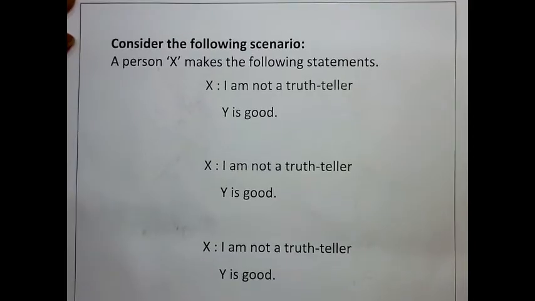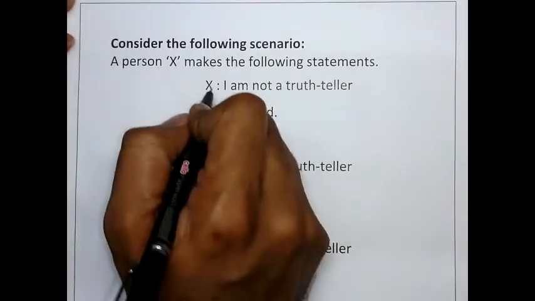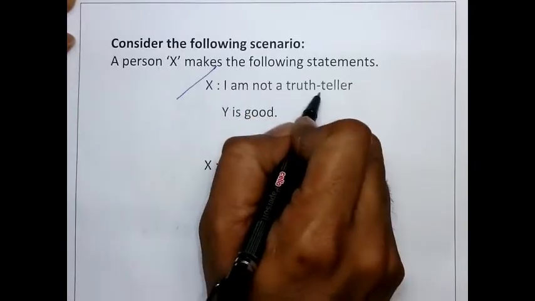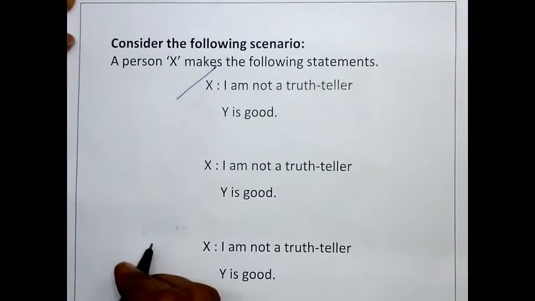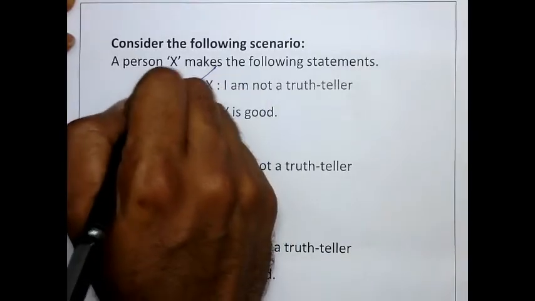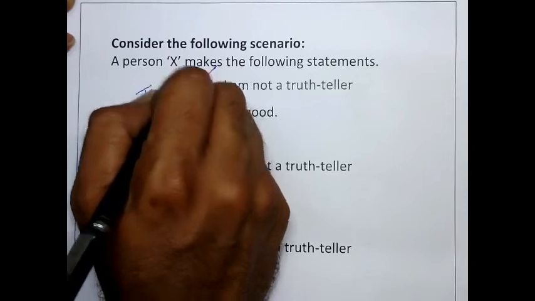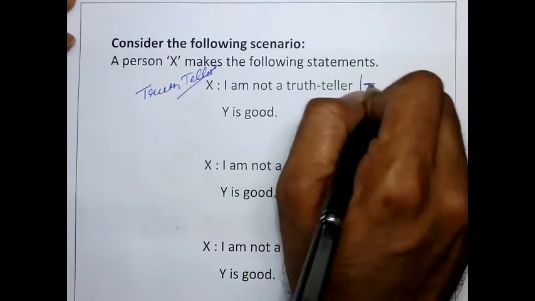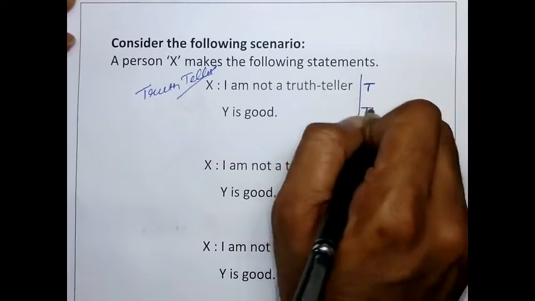Consider the trigger statement. X, the person, makes the statement, I am not a truth teller. Let me assume that this person X is a truth teller, which means the first statement is true, the second statement is also true.